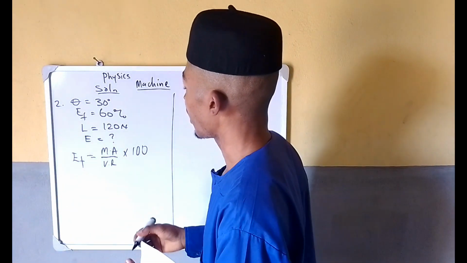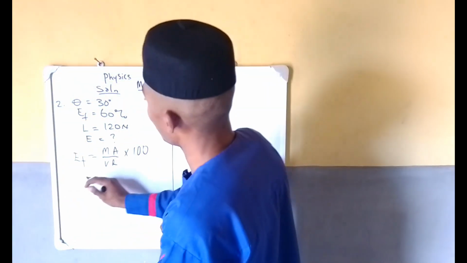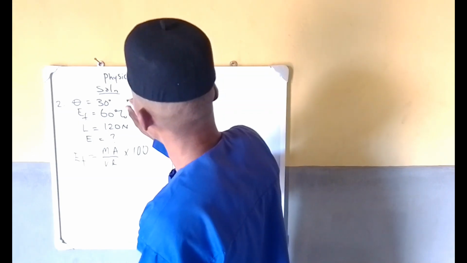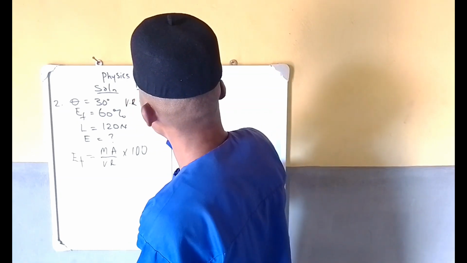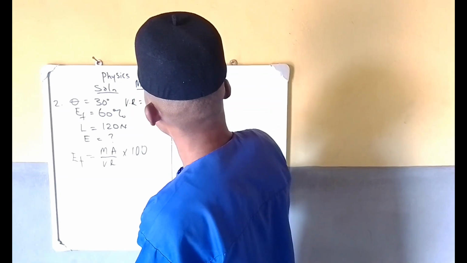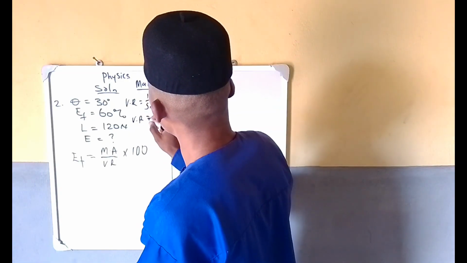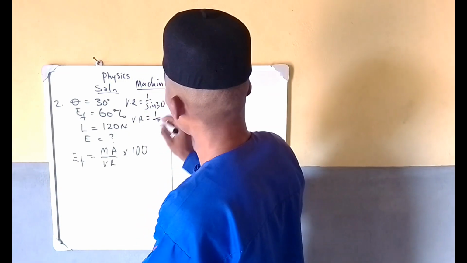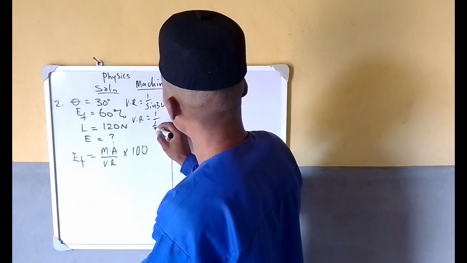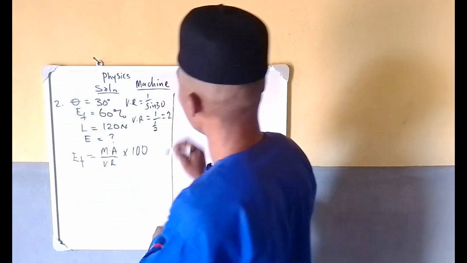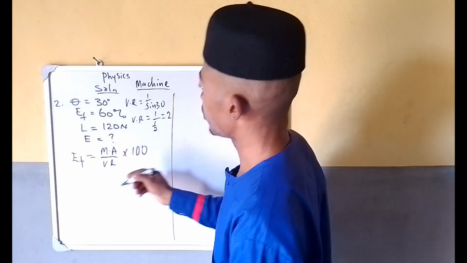Look at it. Our velocity ratio VR is equal to 1 over sine 30. Sine 30 means 1 over 2, so 1 divided by 1 over 2 gives our result as 2. So we are going to substitute.